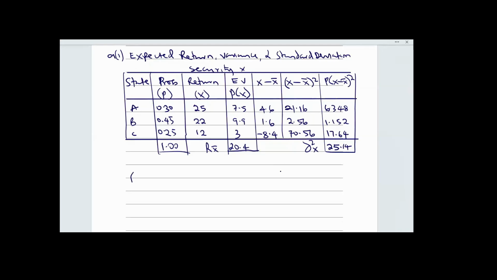So standard deviation of security X will be computed as the square root of variance, the square root of 25.14, which is 5.01. So the risk of security X is 5.01.